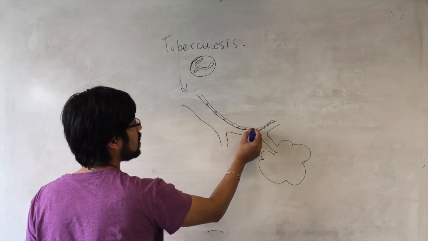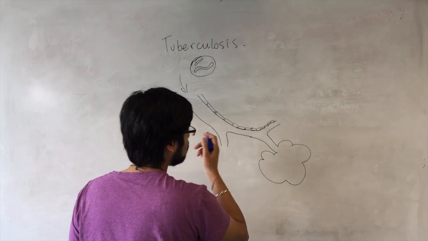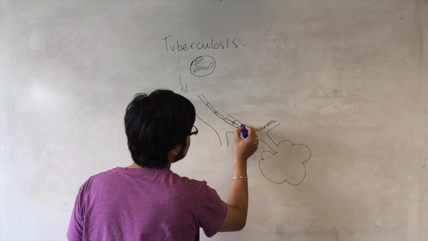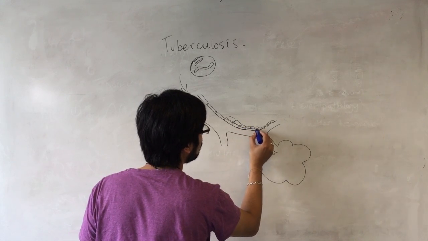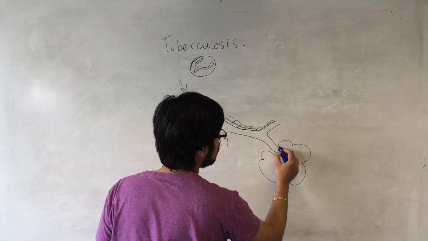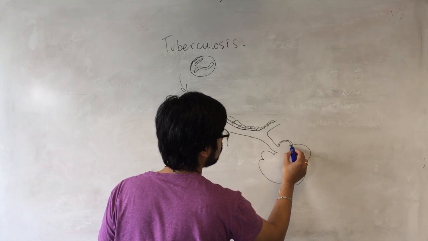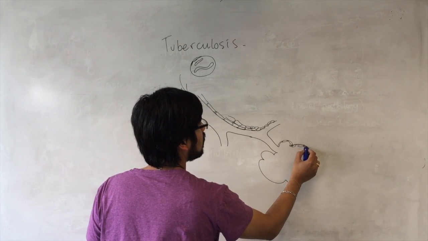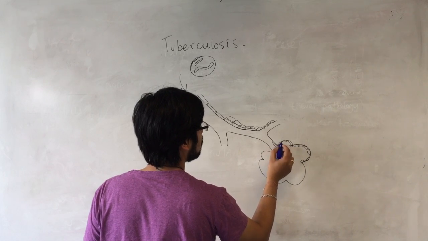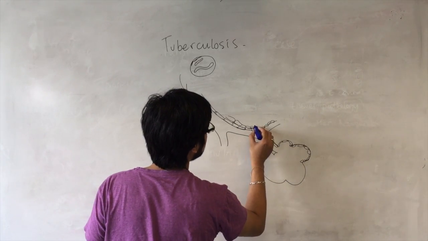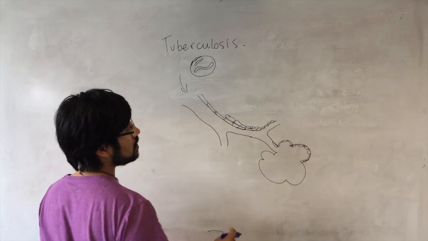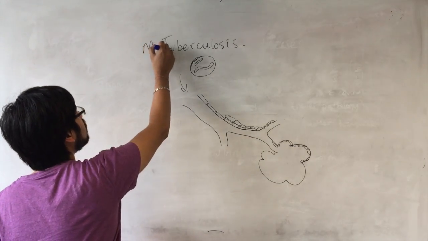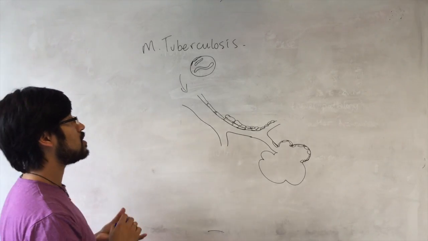All right, so we're not talking about going into cells here. We're looking at the kind of cells that make up the walls of the bronchioles, maybe the epithelial cells of the alveolus, etc. So we're considering that maybe in between those cells we get a bacterial cell of tuberculosis, for example, Mycobacterium tuberculosis.